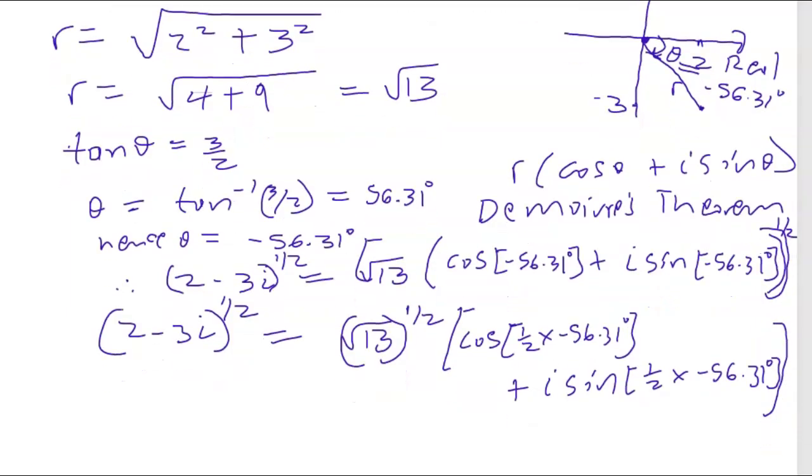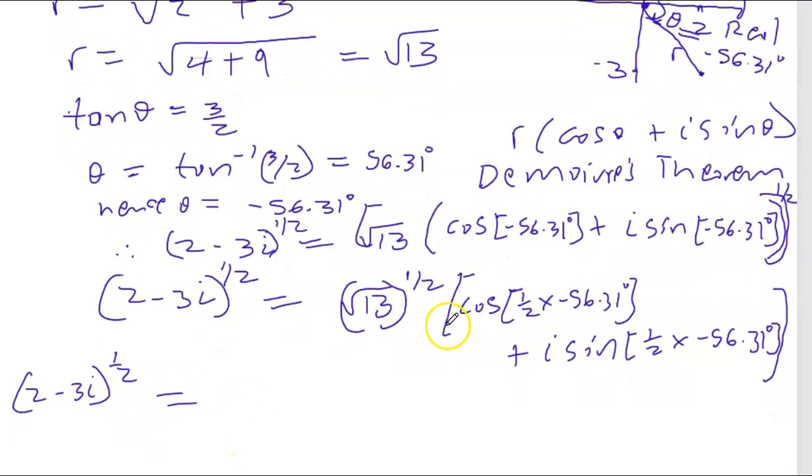So what we'll end up with is 2 minus 3i to the power of a half, same thing as the square root of 2 minus 3i. And we can work out now the square root of 13 raised to the power of half. So we take the square root of 13 and then the square root of that, and that should give us 1.9 in the bracket. We'll have the cosine of n theta, which is half times minus 56.31.